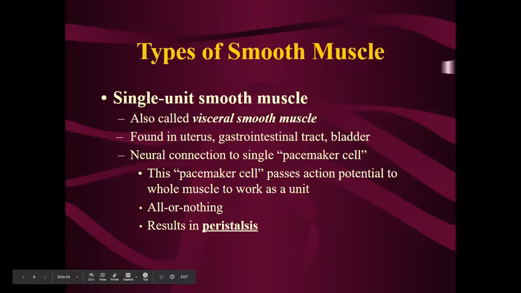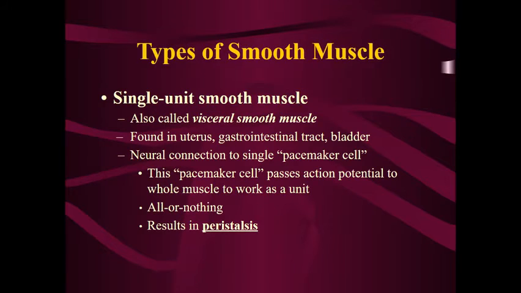That pacemaker cell then passes the action potential to the whole muscle, allowing it to work as a unit. And so it results in an all or nothing type of contraction. So when you think of single unit, think of stimulation of a single cell, and it's going to cause the entire muscle to work as a single unit.